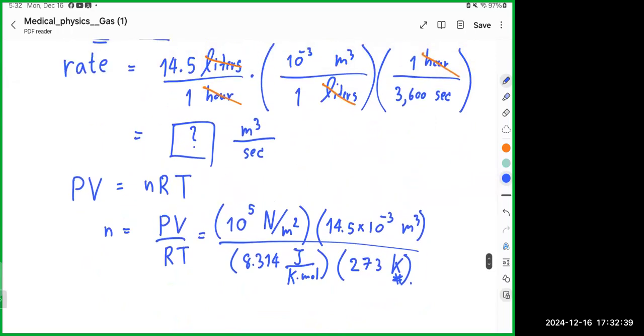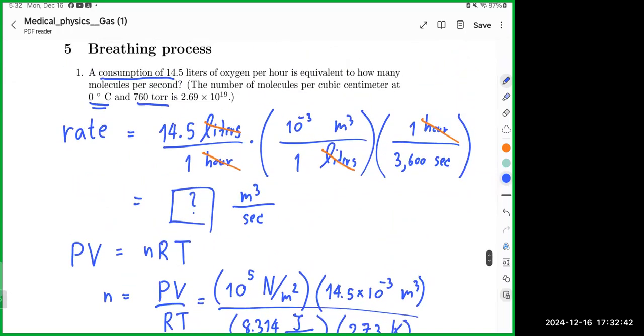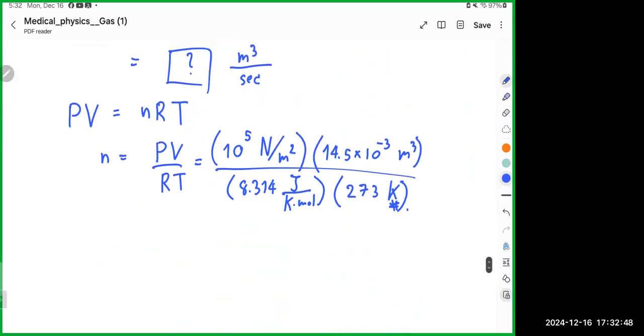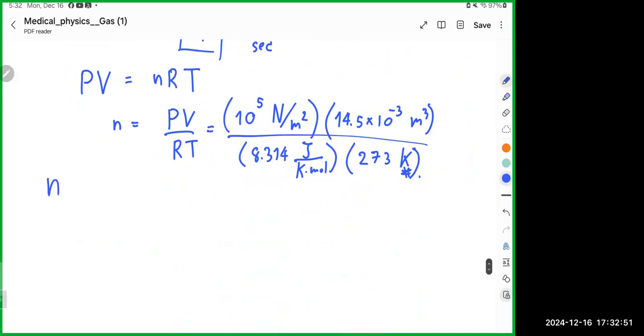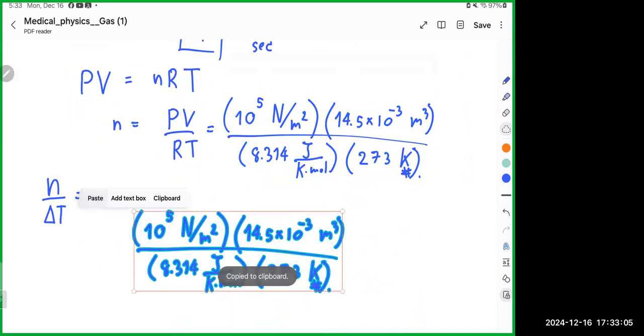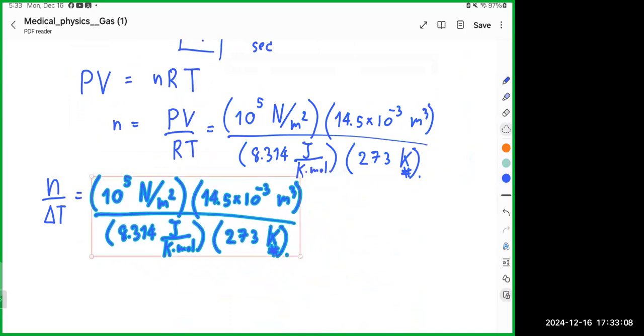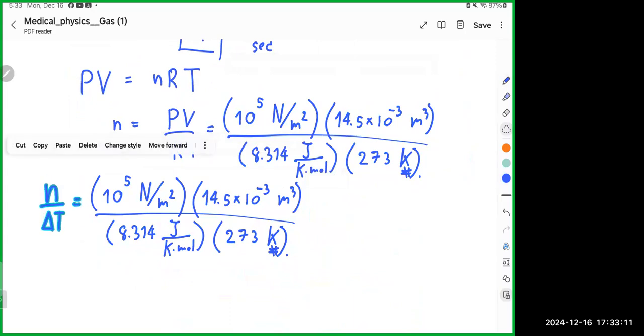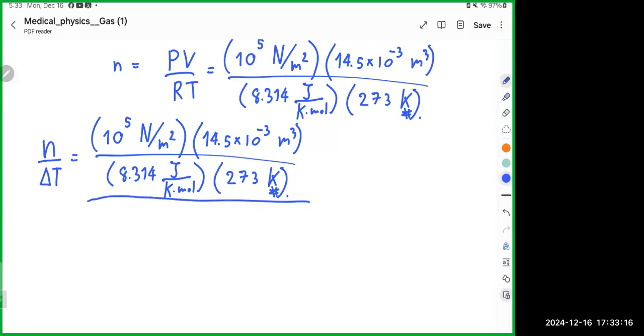And because of the rate, they want you to calculate the number of molecules per second. So you have to find the ratio of n per time duration, right? Which is all this number divided by 1 hour.